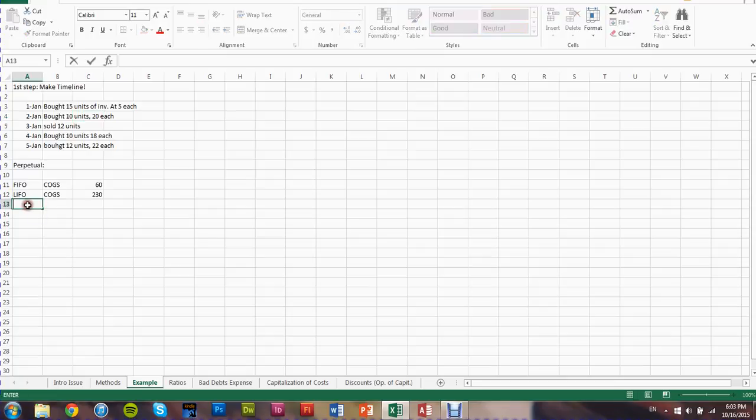Now, and then weighted average. First we find the weighted average, which is going to be 15 times 5 plus 10 times 20, and then divided by 25 in total, because we bought 15 and then bought 10.